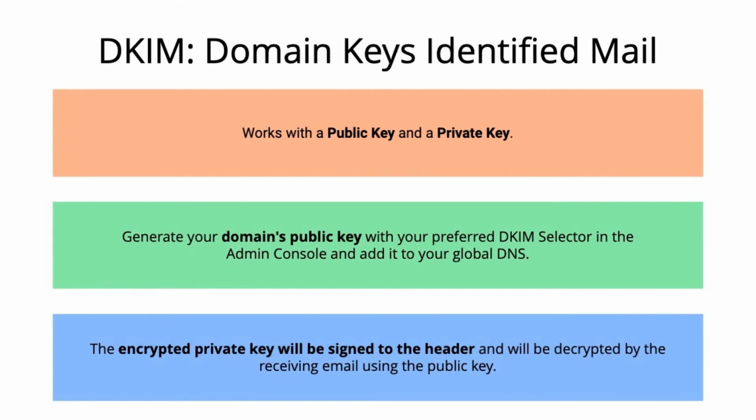While DKIM alone does not prevent spoofing, when coupled with SPF, it can be a pretty powerful tool. But one of the disadvantages of DKIM is that while it does check the from address, it is possible for the sender to sign a message using a DKIM key linked to a different domain manually.